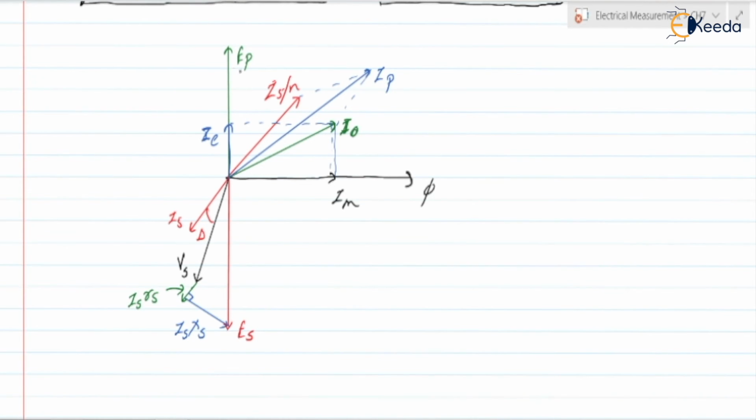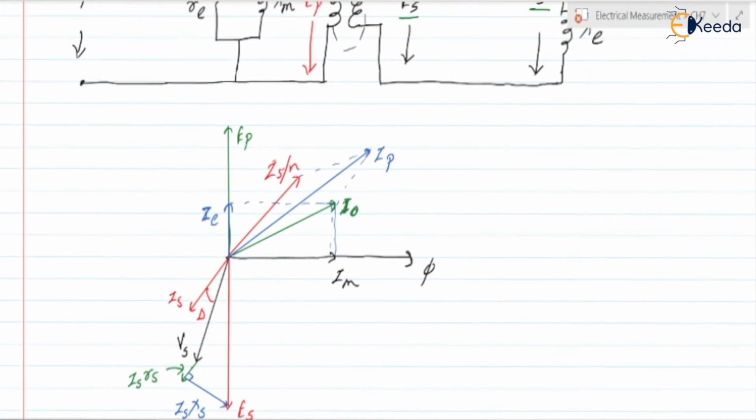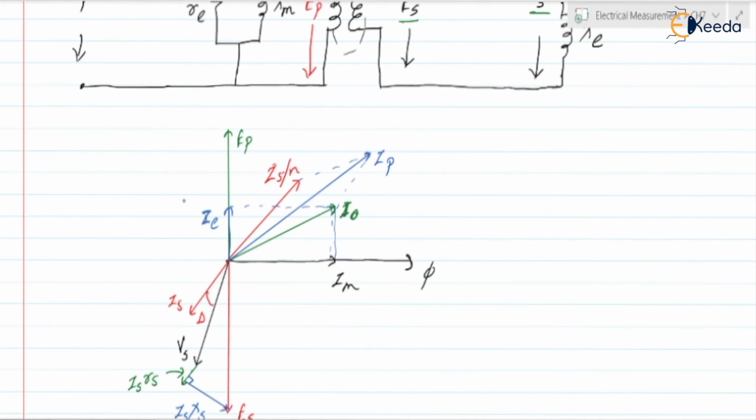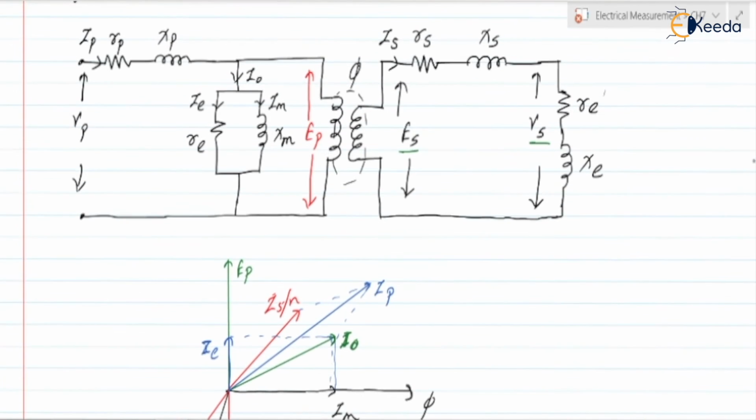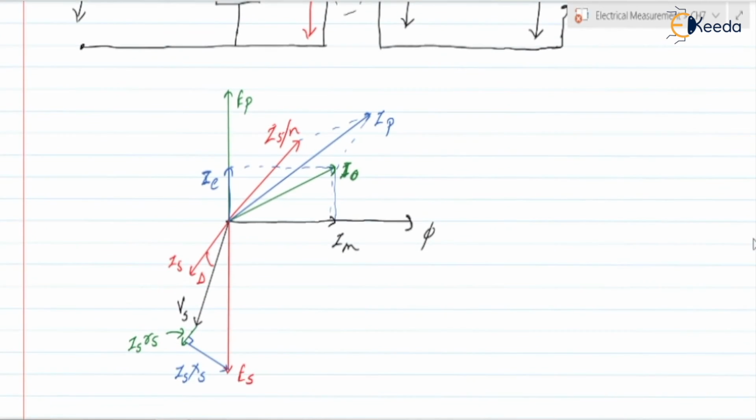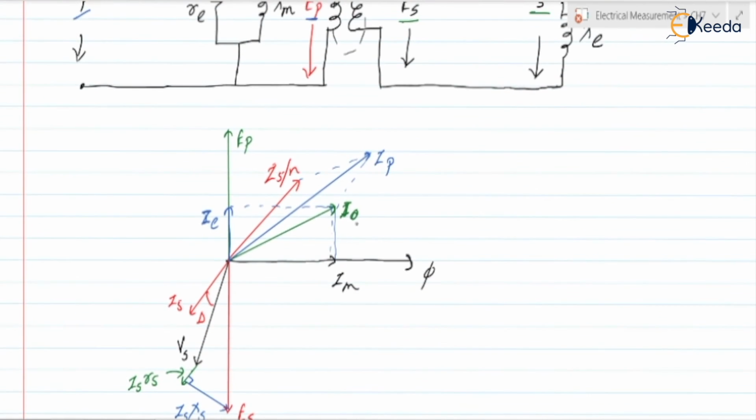Now this is the phasor for EP we have. Now we can draw the phasor for IPRP and IPXP. Okay, and after that we can draw the phasor for VP, right? We have EP. If we add to EP, IP into XP and IP into RP, we will get the VP. Okay, so IPRP will be in phase with IP. So IP is like this, so IPRP will be like this, in phase.